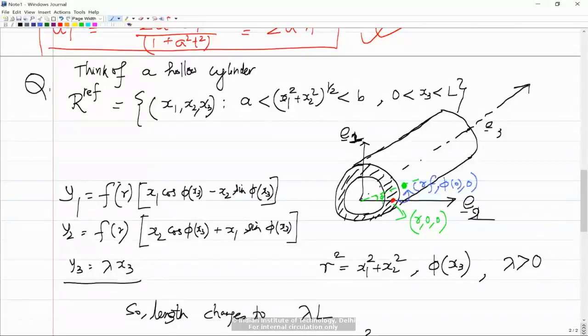All the movements are happening here, but in such a way that for a given cross section, because this phi depends only on x3 and does not depend on x1 and x2, say I look at this cross section over here.